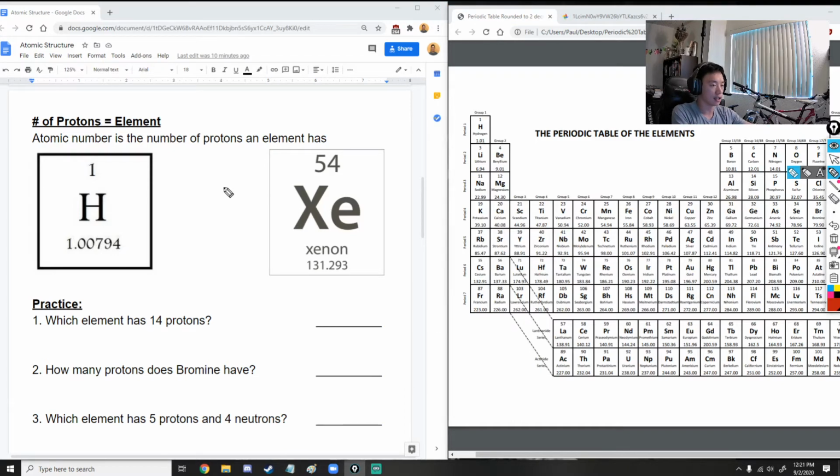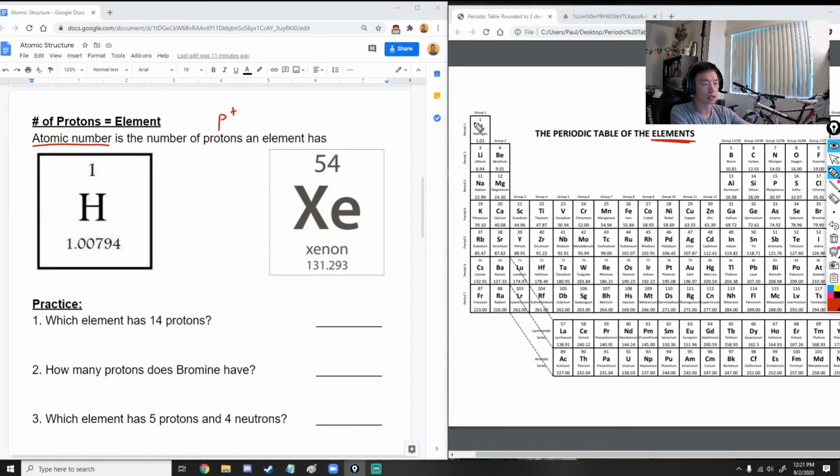So we're going to be looking at the periodic table of elements to figure out how many protons these elements have. Now, we're going to be talking about something called the atomic number first. The atomic number is the number of protons an element has.